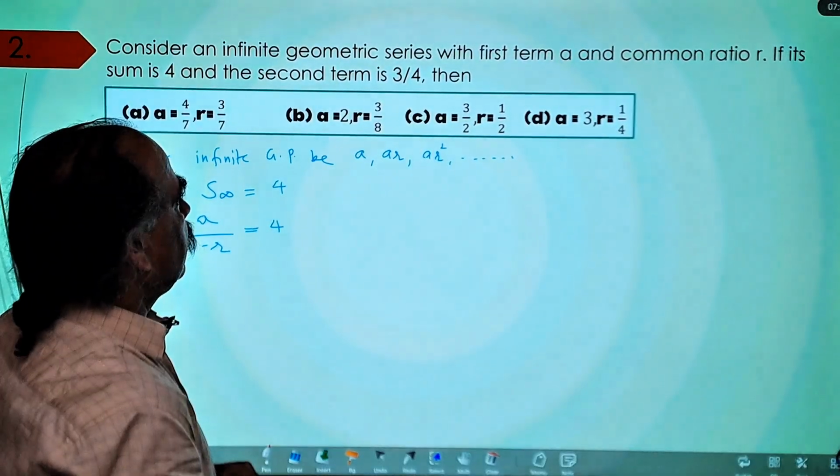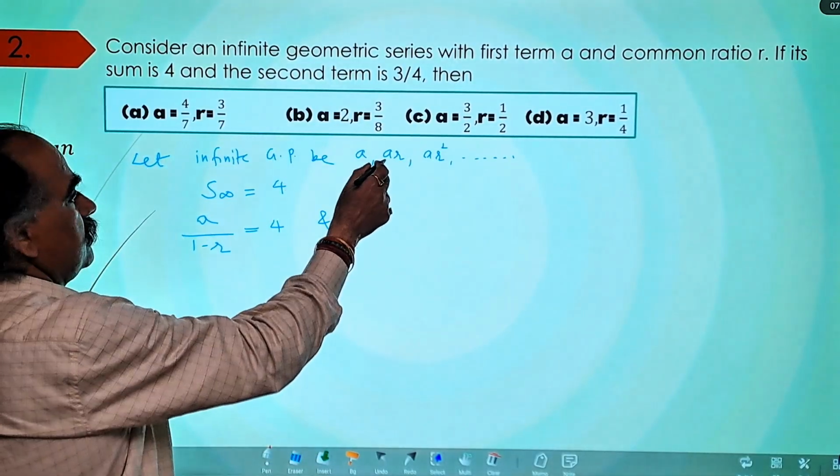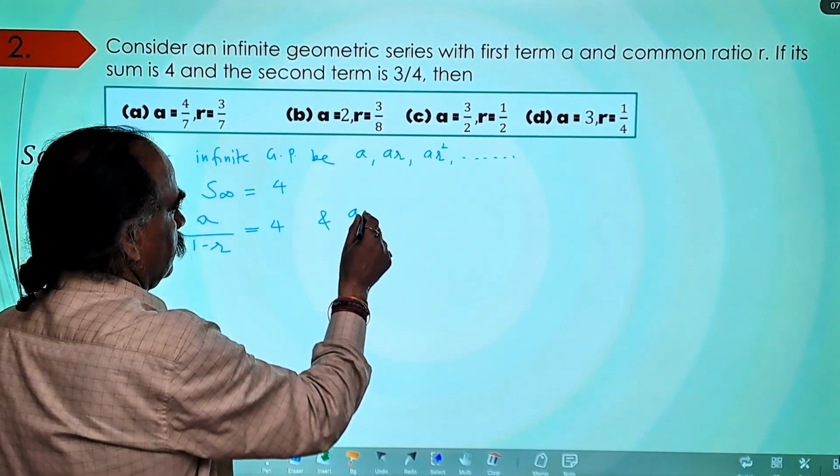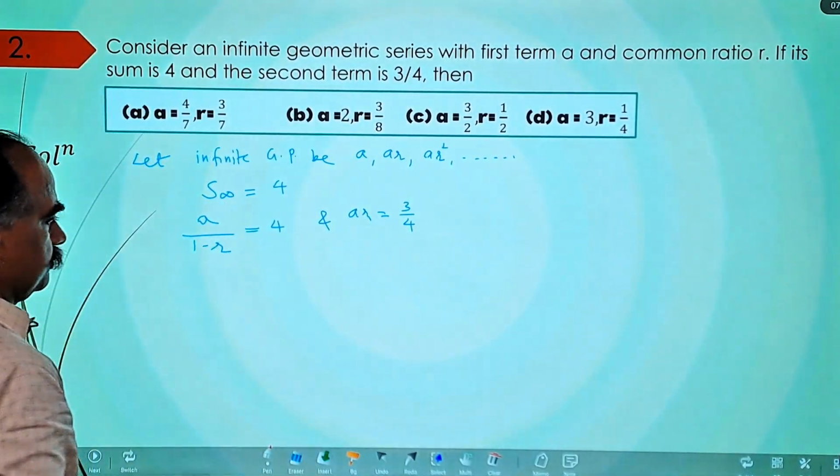And the second term is 3 by 4. The second term is AR, which is 3 by 4.